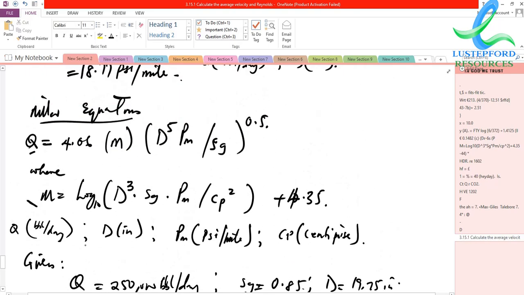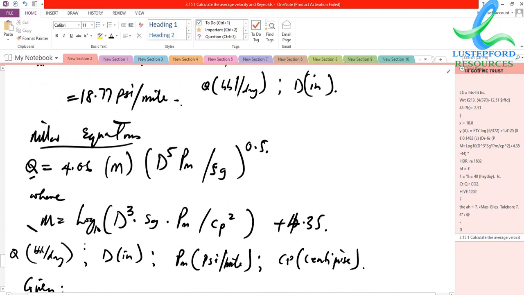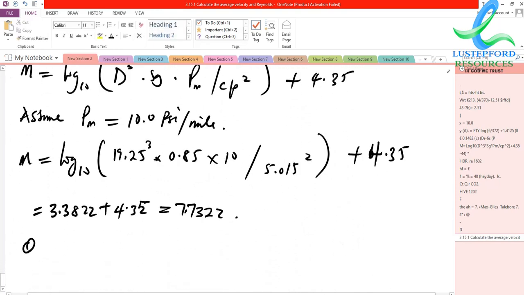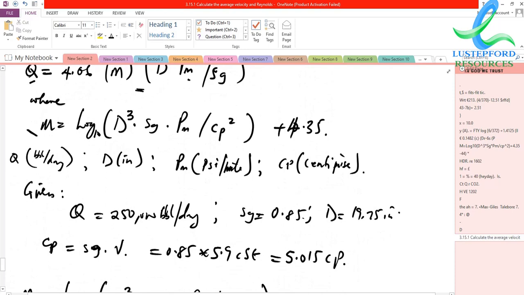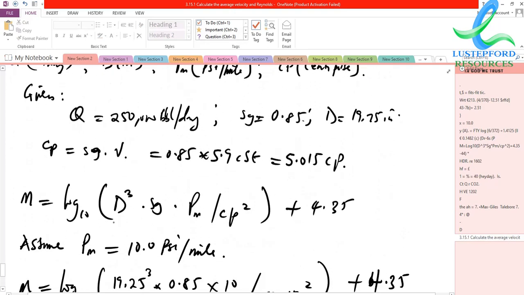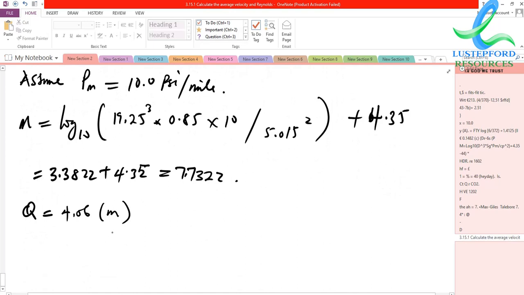Now we need to rearrange this to make P subscript M the subject of formula. So we have Q equal to 4.06 M bracket D raised to power 5 PM divided by SG, all raised to power 0.5.